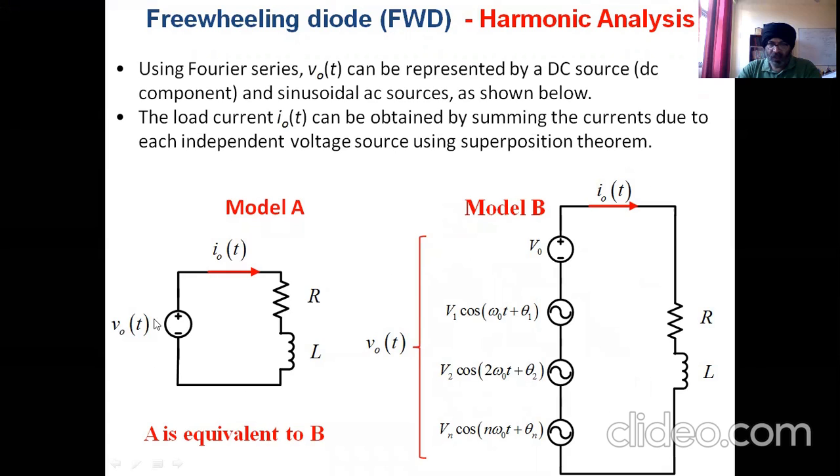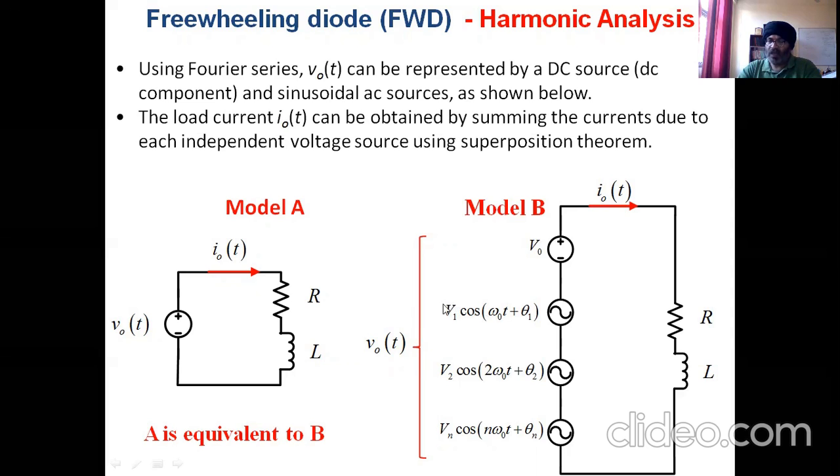Model B says that this instantaneous voltage, which is Vm sine omega t, can be broken down into a set of components calculated using Fourier series. The first component is the DC component, V0, pure DC. And then the first harmonic component, V1 cos of omega naught t plus theta 1. Here omega t is the time axis with frequency 2 pi f, and theta is the phase angle.